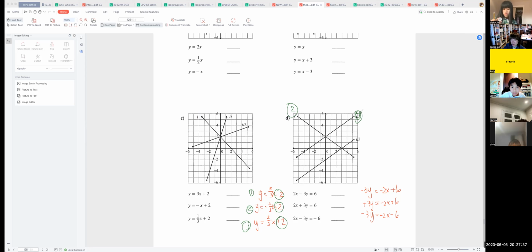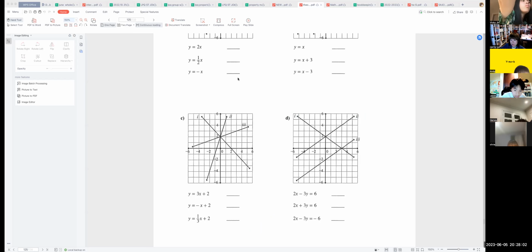So this is 3, because both of them are positive. And this one is 2, and this one will be 1. This one is 3. And this one will be 2. So 1, and this is 2. Correct? Everybody understand? Okay, so let's move forward.